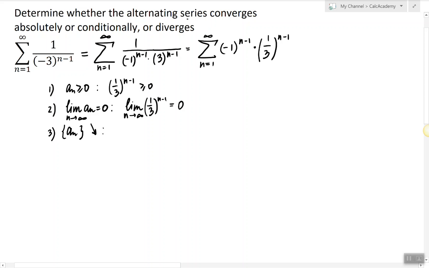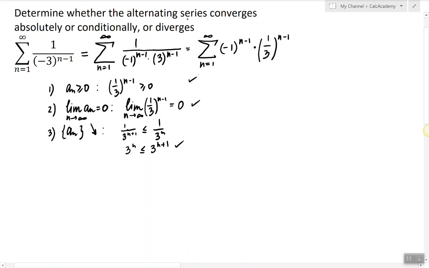And to do that, we will have to prove this, that the successor is less than predecessor, and this is pretty obvious because 3 to the n is less than 3 to the power n plus 1.